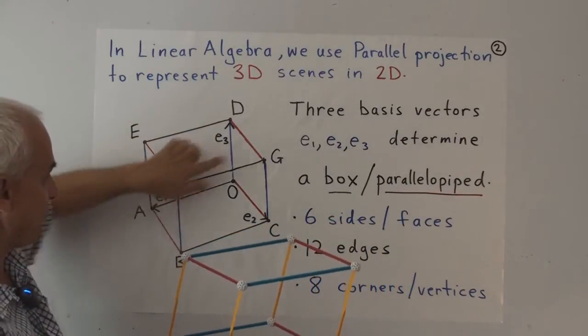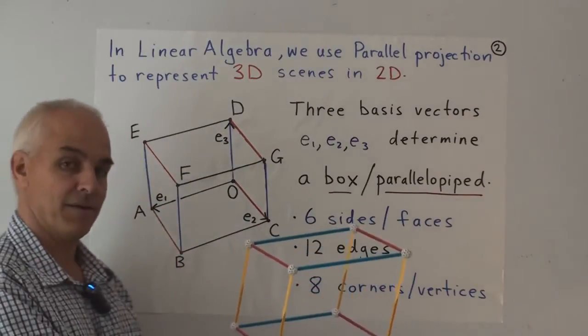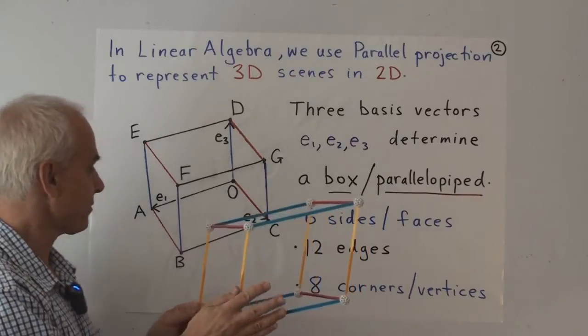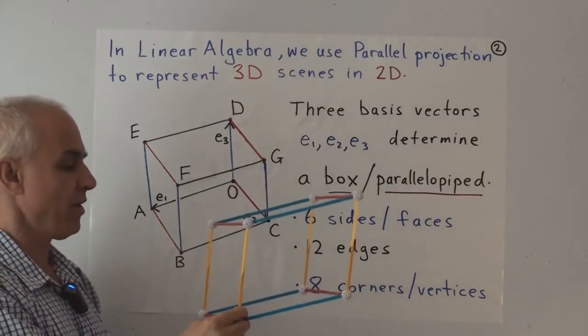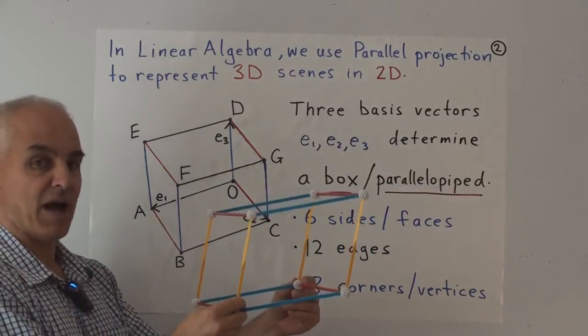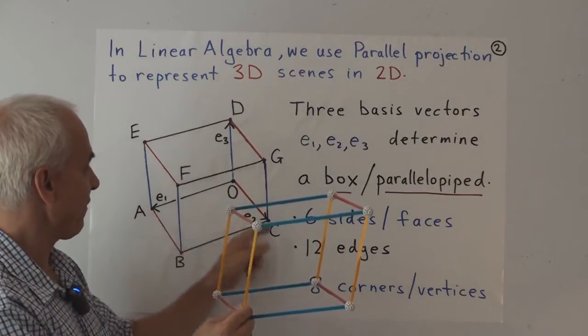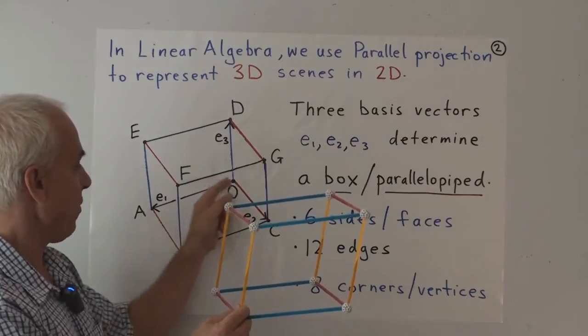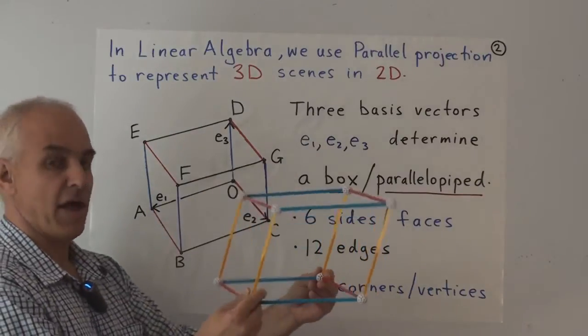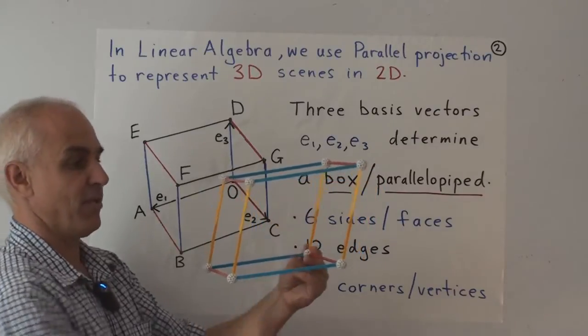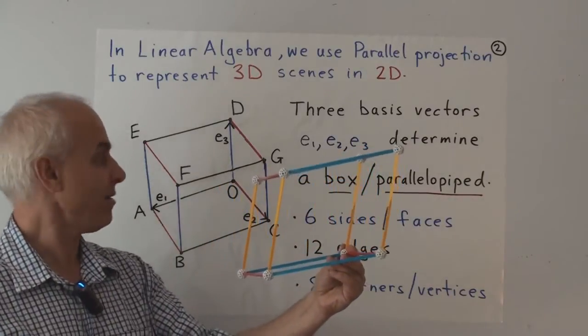So this FGCB side is the one closest to you. That's like this side right here. And this point O is the one back here. It's behind you. Okay? And so these 3 vectors emanating from O in the picture, which I've been calling E1, E2, and E3, they are like E1, E2, and E3 in our model.